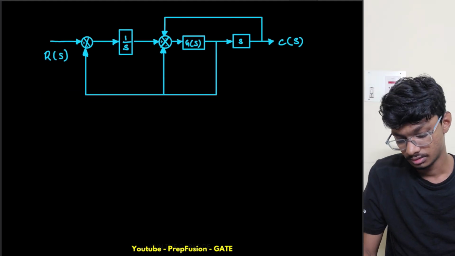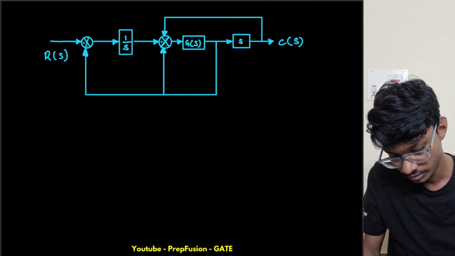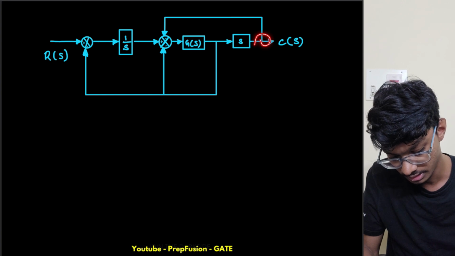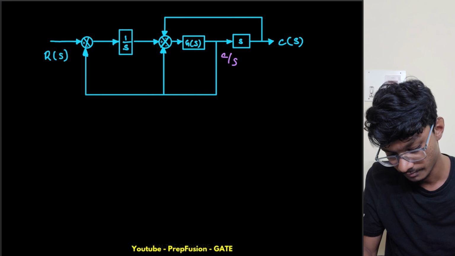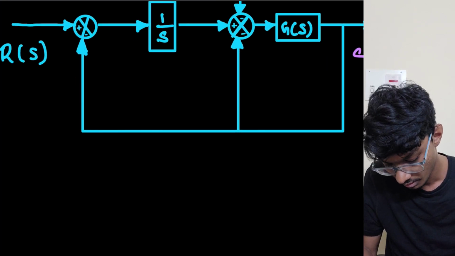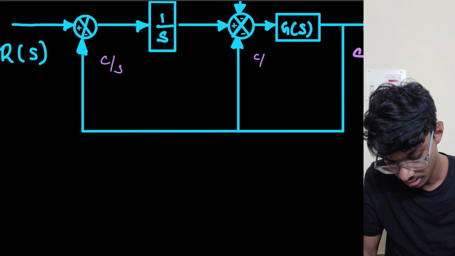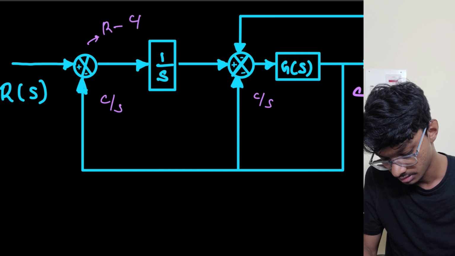What I will write here is, this is C and this is S, gain block. So I can write here C by S. Now this C by S is coming to here also, so C by S and C by S. Now this point is R minus C by S.